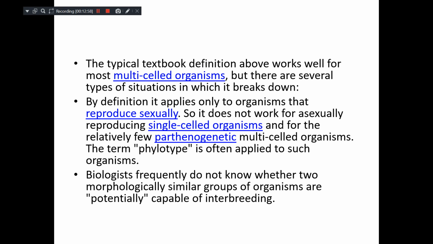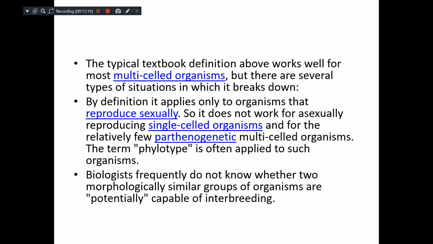Multicellular organism, it works out well, but there are several types of situations where the same definition fails. Here the definition applies to those organisms which can reproduce sexually.